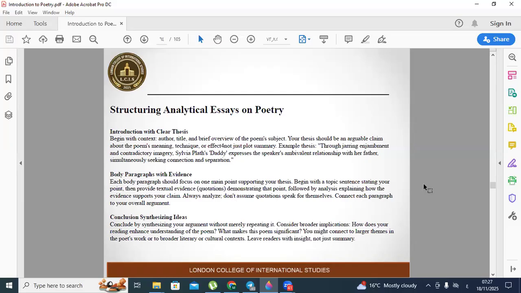That's an arguable claim about how technique creates meaning.